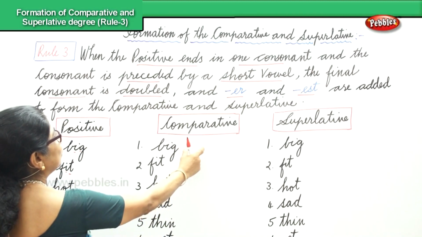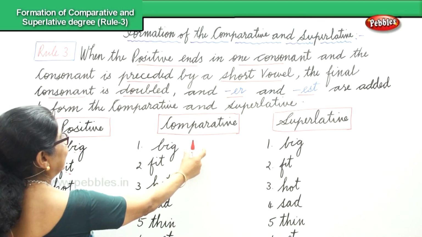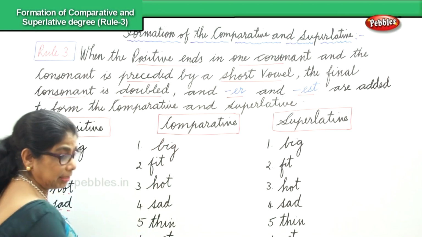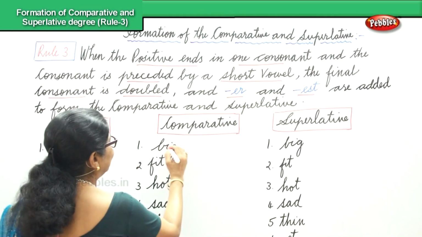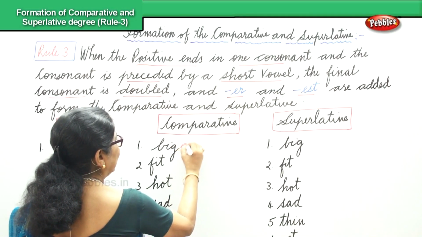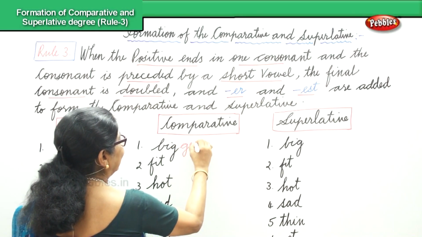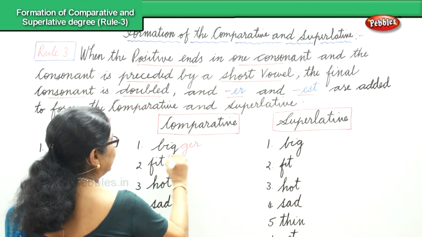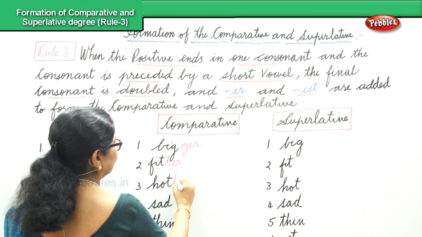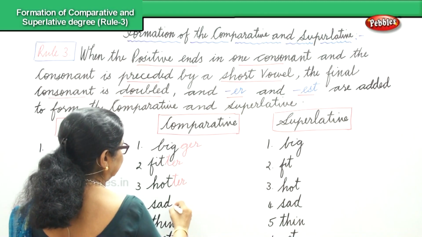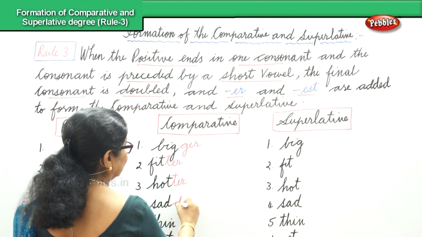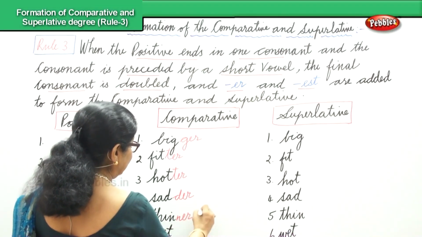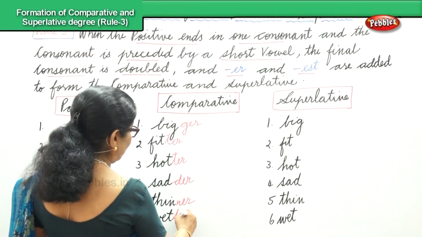The formation of the comparative is by first doubling the consonant and adding ER. Bigger, fitter, hotter, sadder, thinner, wetter.